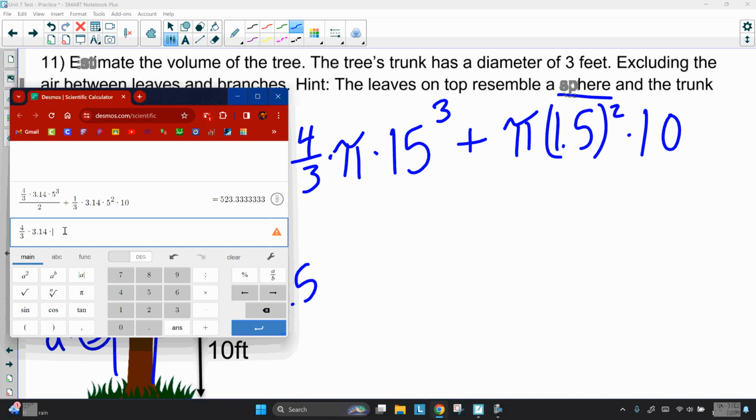Plus the cylinder. 3.14 times 1.5. We got to square this per formula, and then times 10. And our answer for this tree is 14,200.65 feet cubed.